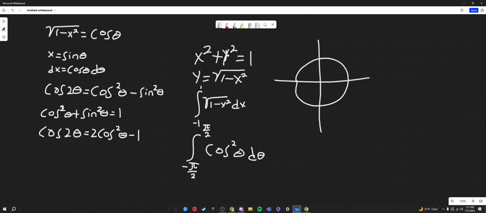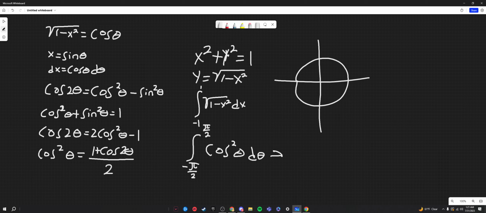Now we can solve this for cosine squared theta by adding 1 and dividing by 2. Ultimately, I'm going to write cosine squared theta on this side. So giving us cosine squared theta equal to 1 plus cosine of 2 theta, all over 2. Now we have something we can substitute back into our original integral.